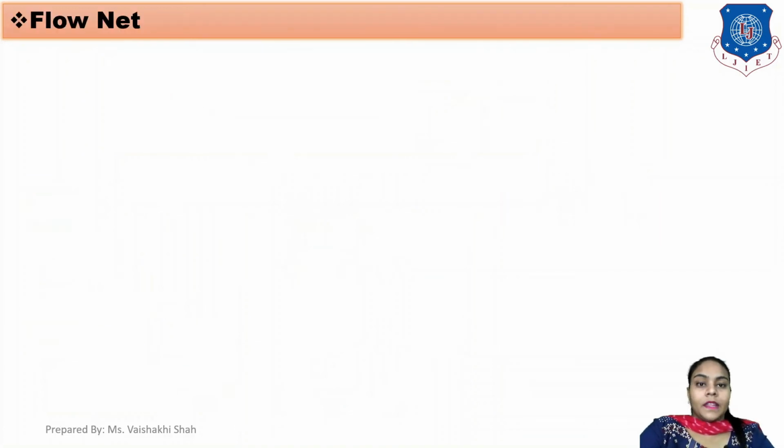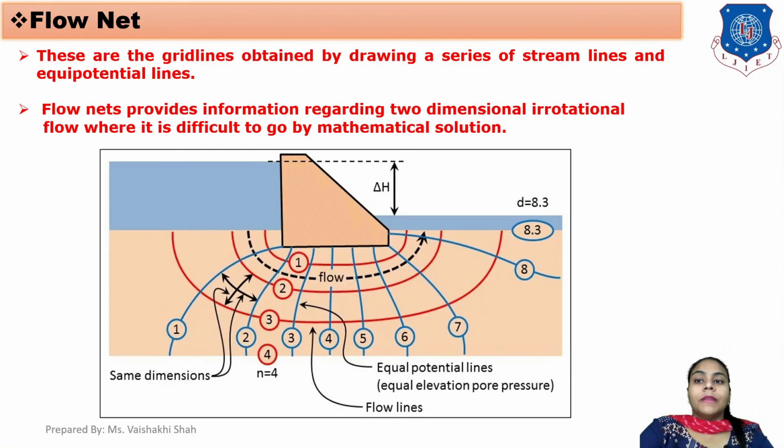Now, our next theory is flow net. Basically, flow nets are the lines obtained by drawing a series of streamlines and equipotential lines. So, a flow net is a grid formed by a number of streamlines and a number of equipotential lines.